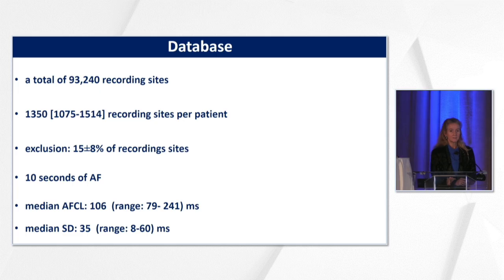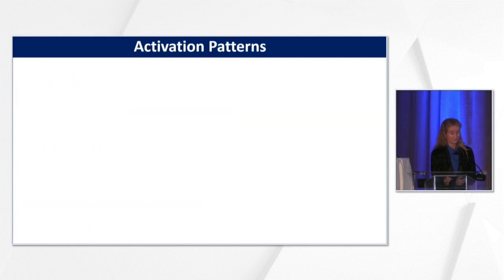So we ended up with quite a large number of recording sites, namely 93,000. So that's on average like 1,300 sites per patient. We had to exclude about 15% of the recording sites because we had some loss of contact. At each site, 10 seconds of AF was recorded. The median cycle length was 106, and we found a median standard deviation of all fibrillation cycles of 35.